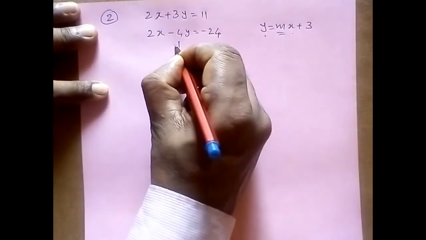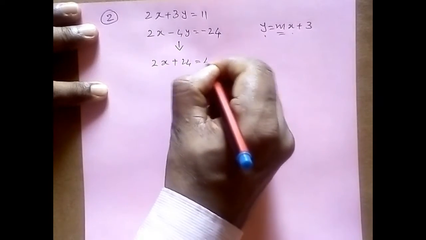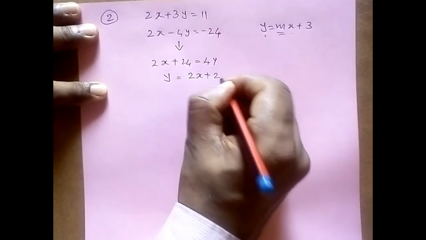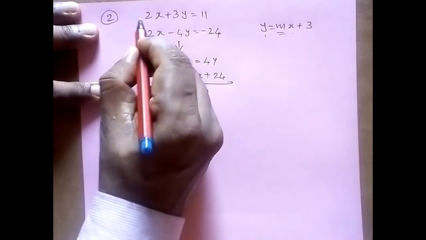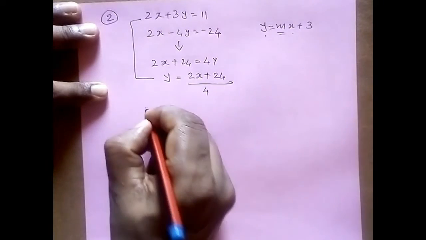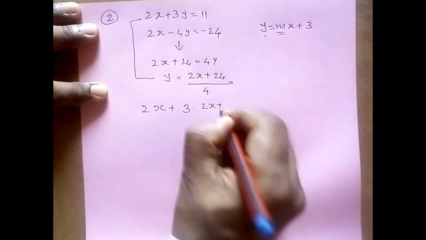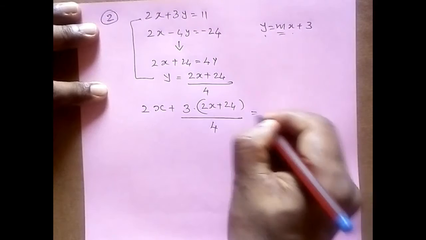Okay, so from the second equation we will get 2x plus 24 is equal to 4y, or y equal to 2x plus 24 divided by 4. This value we will substitute in the first equation. That means 2x plus 3 into 2x plus 24 divided by 4 is equal to 11.